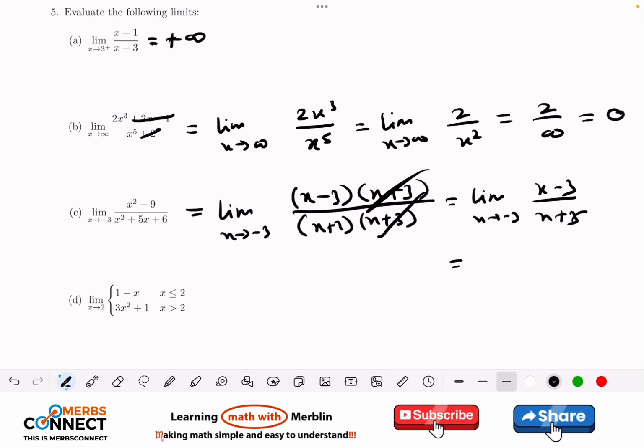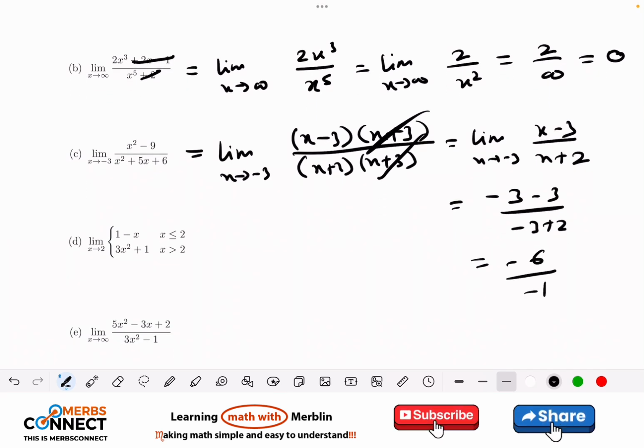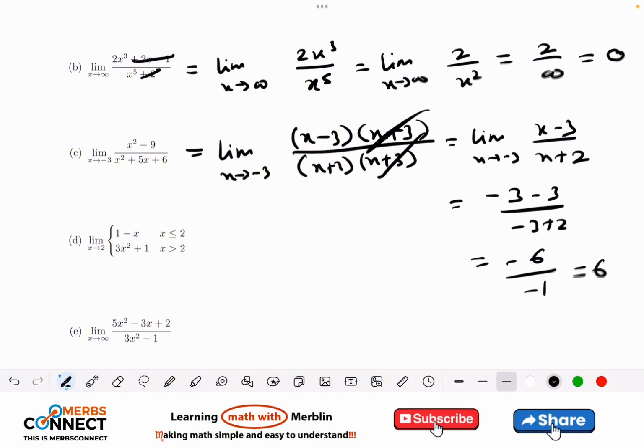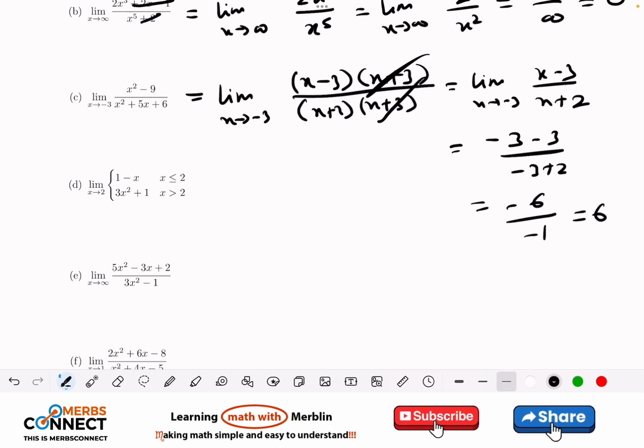Let me see. This is supposed to be 2. So now we are going to have -3 minus 3 divided by -3 plus 2. Then we have -6 divided by -1, and this is going to give us 6, which is very nice. So that will be the limit there.